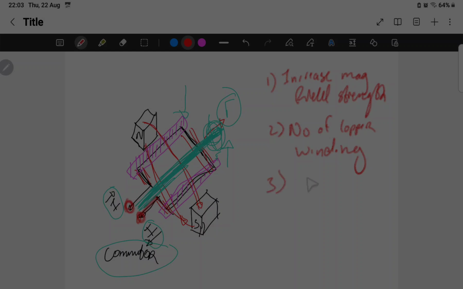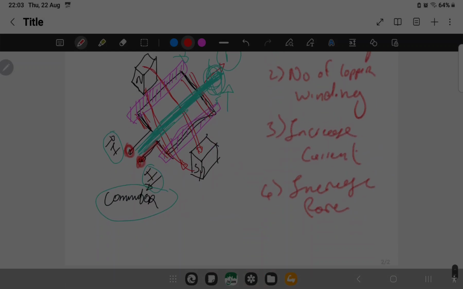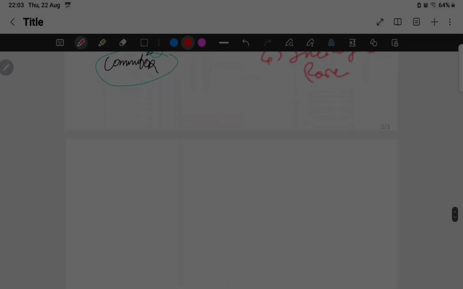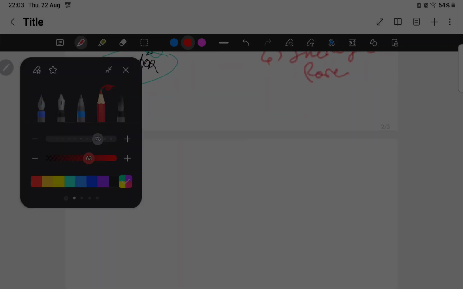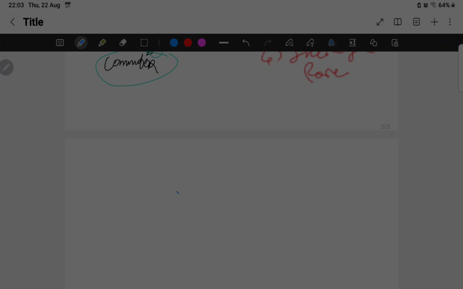And 3 is to increase current, and 4 is to increase the force. So these are the ways you can increase your power output, depending on what you want. Okay, so let's move on.